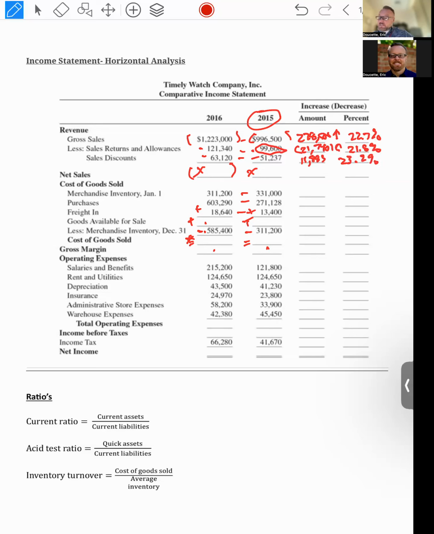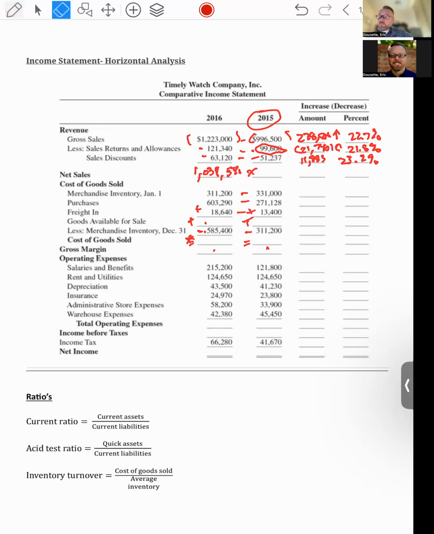And then if I add all these up, this one here, just so you know, comes out, if I deduct the 121 and the 63,000 from the 1.23223 million, it comes out to $1,038,540. So that's what we call my net sales.